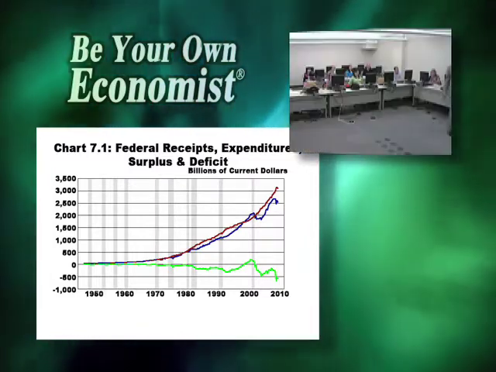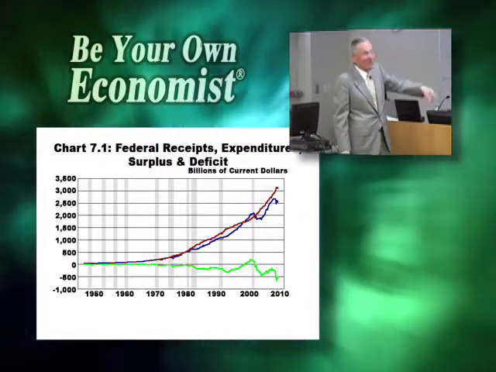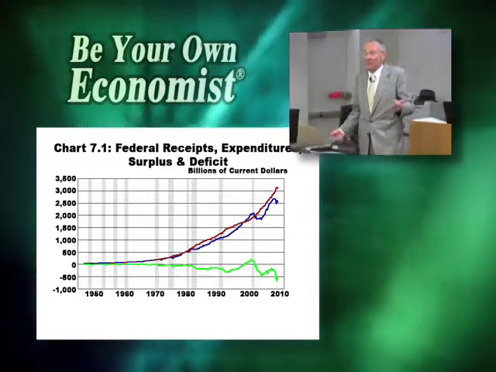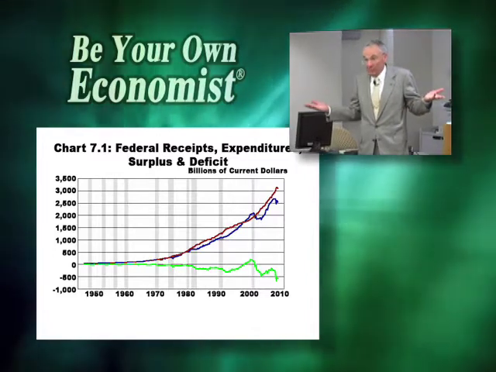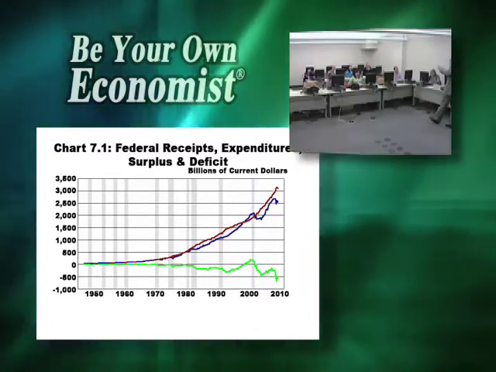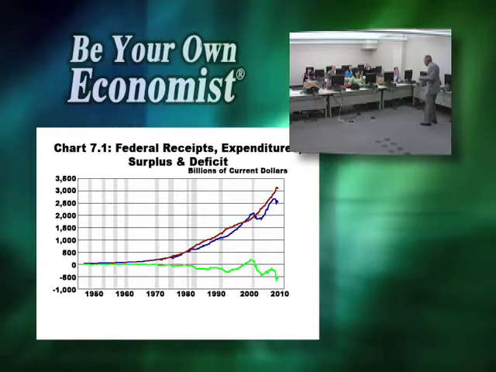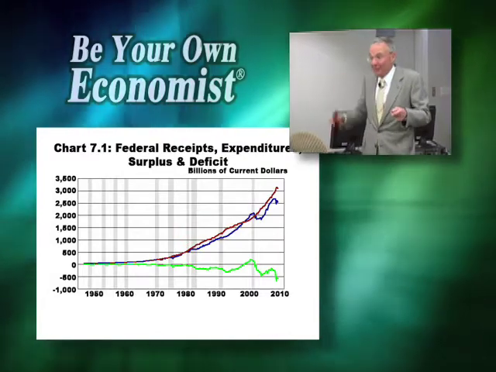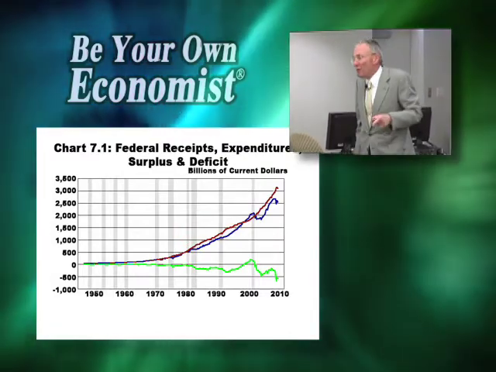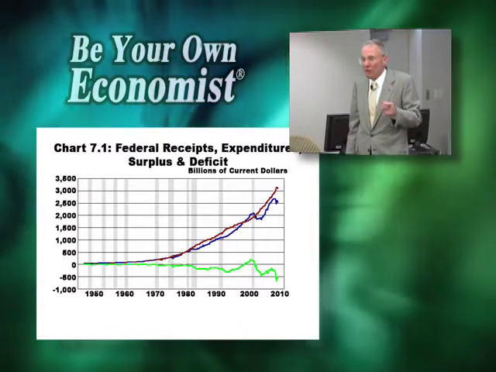So, when folks' income is falling, they pay less taxes. Also, if there are tax cuts, that'll do it too. Now, question. Right now, are we cutting taxes? Yes. Are we increasing expenditures? Yes.